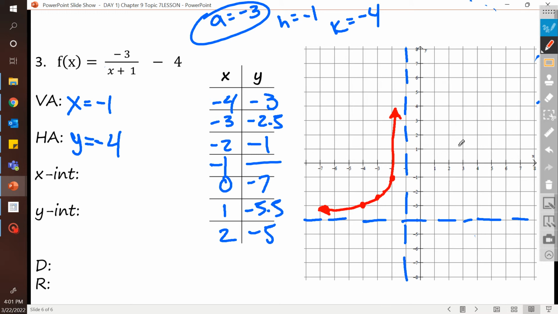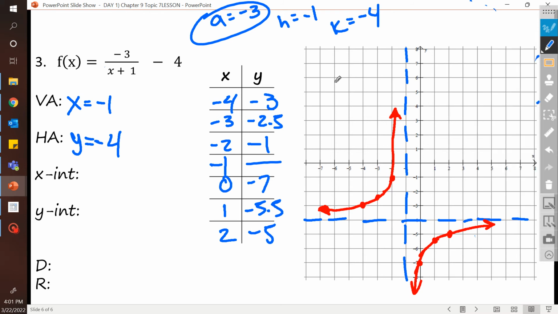It was in one of these two, but now it's reflected over on this side instead. The other piece should be down here as well. 0, -7, 1, -5.5, and 2, -5. And just like we expect, it's over here. Okay, because we have a reflection.